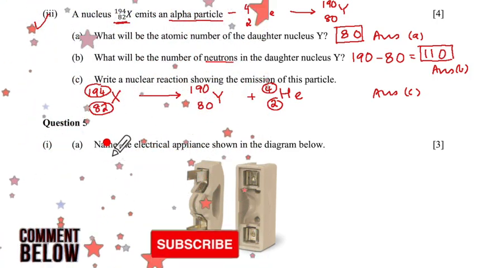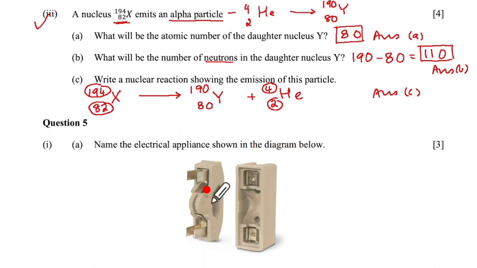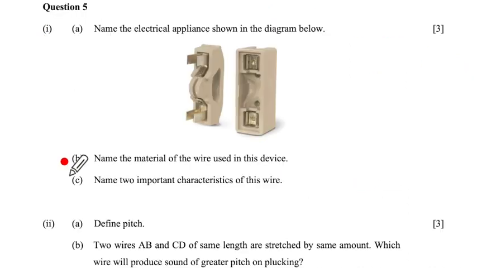Let us come to question number 5. Name the electrical appliance shown in this diagram. Now this one, can you see this wire over here connected? So this is the grip, this is the socket of the electric fuse. So it is going to be your electric fuse. Name the material of the wire used in this device. Now the wire that is used is the fuse wire.